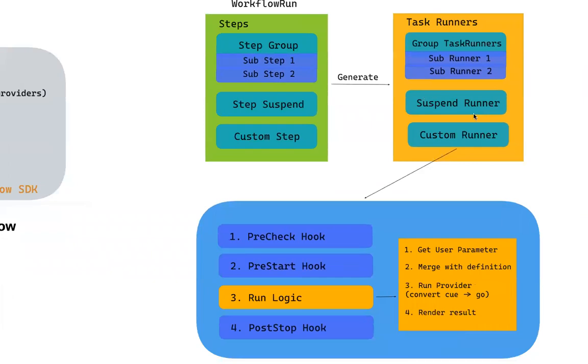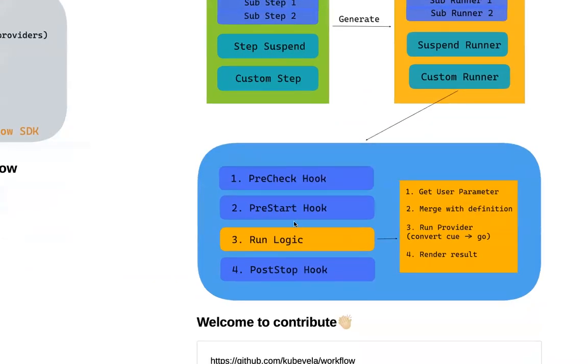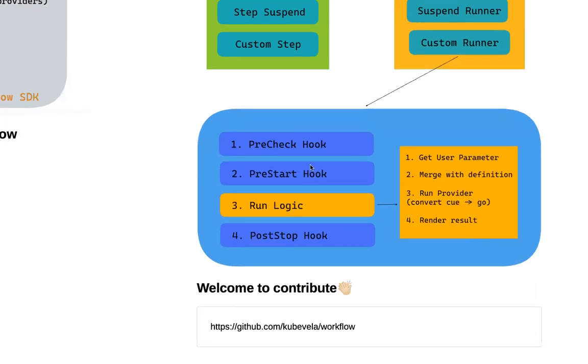In every task runner, we're gonna first have some pre-check hook. In this hook, we're gonna check whether this runner should be executed or not. For example, if you have written some if conditions in the steps, maybe in this pre-check hook, we're gonna skip this step. After that, we're gonna have a pre-start hook. In this part, we're gonna have some inputs validation.